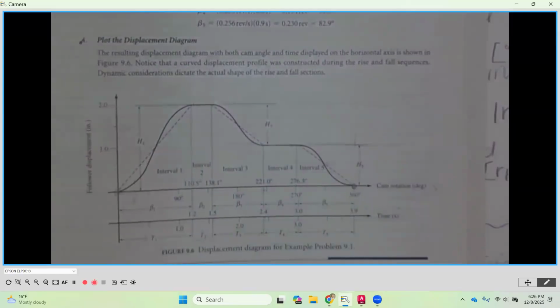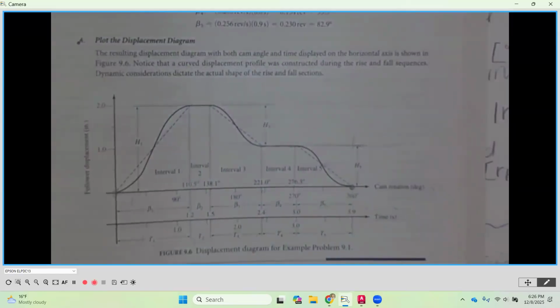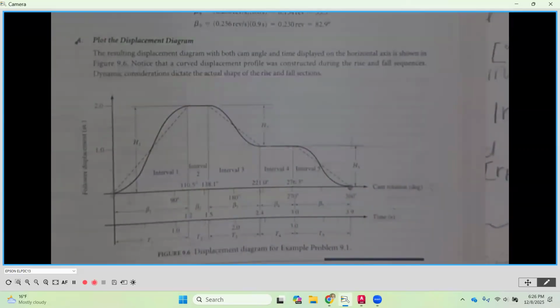So the follower displacement here, the highest point that it went to was a total of 2 inches in that first step, right? So you're going to notice that if we look up here, this is 2 inches, and then the units are 2 inches, all right? So the scale here on the left-hand side, when you draw it in AutoCAD, is going to be however high that displacement is going to be, okay?